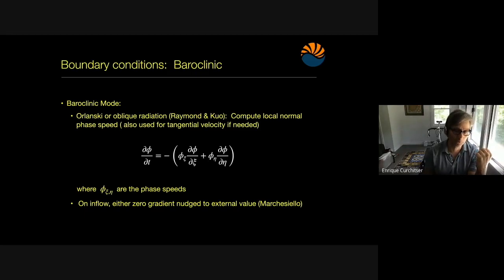For those of you here that are not thinking about open boundary conditions on a daily basis, the open boundary condition problem is difficult because it's a mathematically ill-defined problem. For the barotropic mode, which is closer to a hyperbolic system, the phase speeds and the characteristics are known, and not so for our baroclinic velocities.